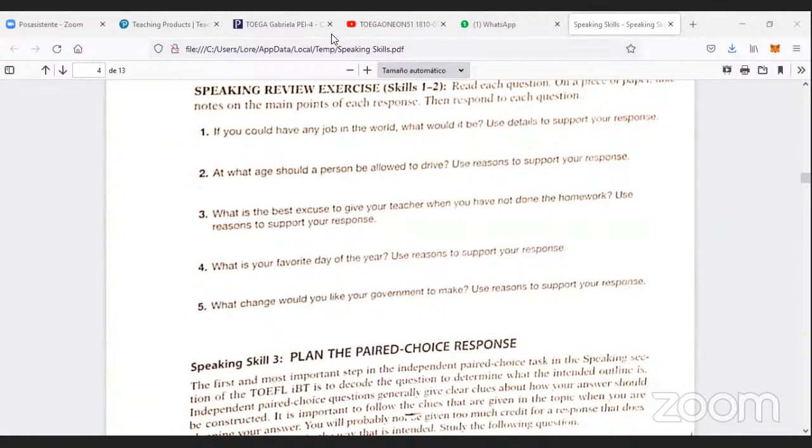So I think the best excuse, but it's the only excuse, is when you work, because it's difficult to have time, sometimes it's not enough. So if you have some responsibilities, I think that could be a good excuse.